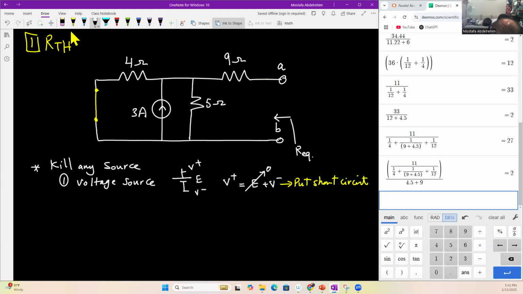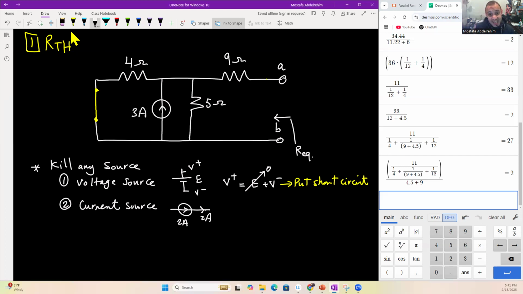Number 2, how to kill a current source? What does the current source do? If you have a current source in a branch like that, giving you for example 2 amperes, that means this branch has 2 amperes.